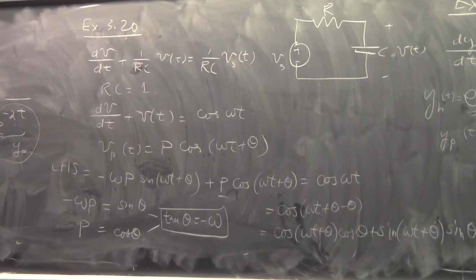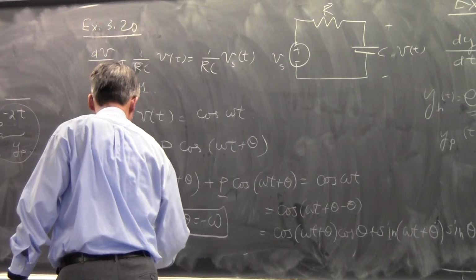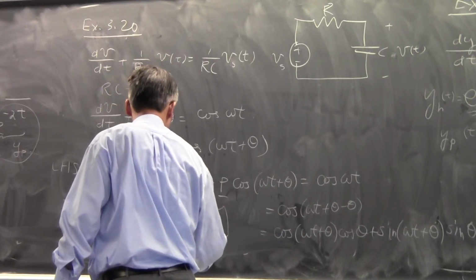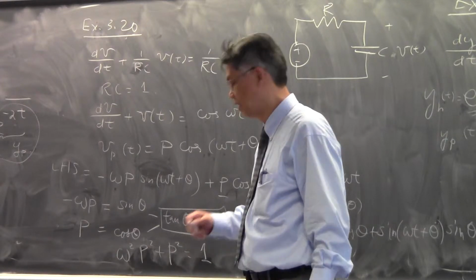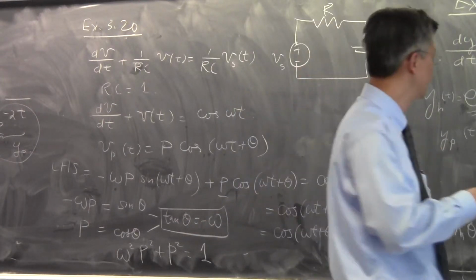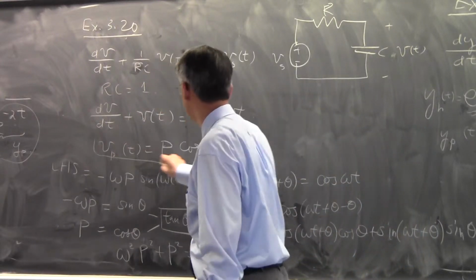It's something that you should remember and commit to memory. So I would get omega squared p squared plus p squared must be equal to 1. I get these two equations, I find my theta, I find my p, and I find my particular solution.